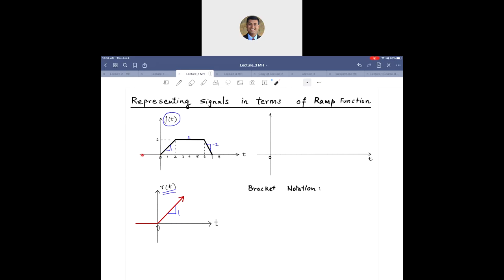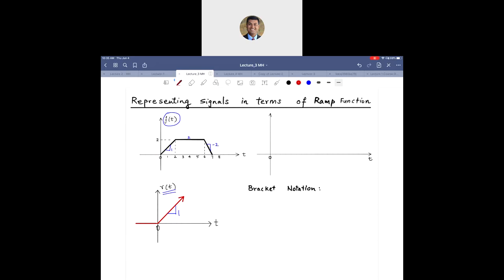So we would not need any r of t over there. In other words, we would not need to shift r of t to the left, meaning advance r of t. We wouldn't need to do that. So our first piece of f of t can simply be a linear function for 2 seconds.